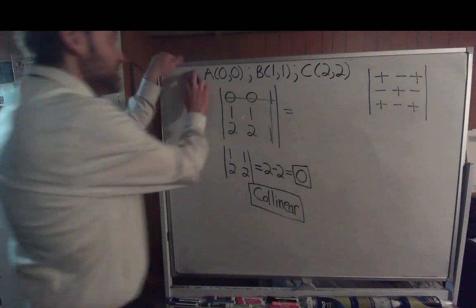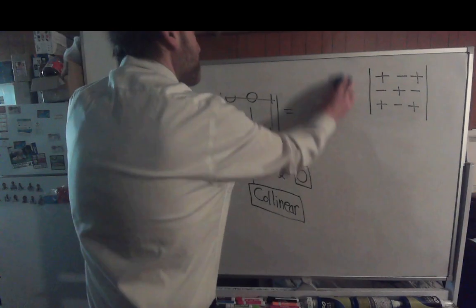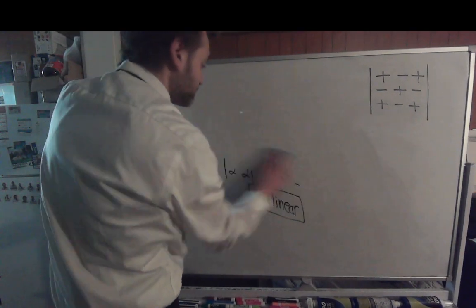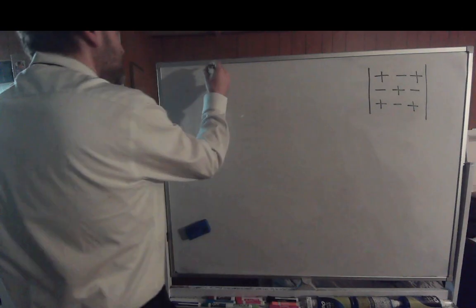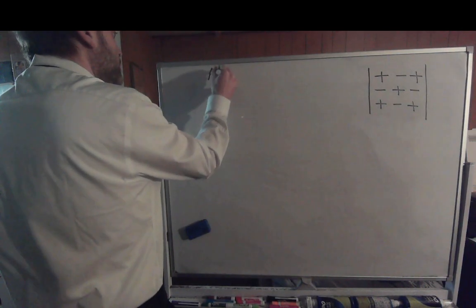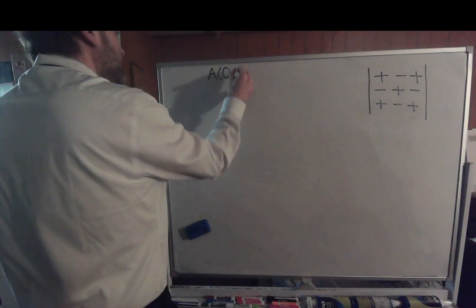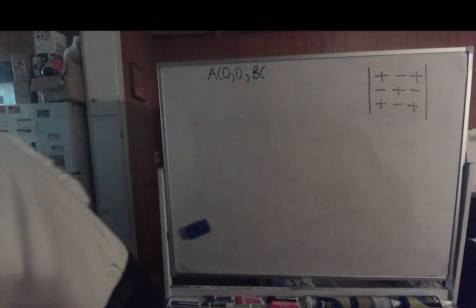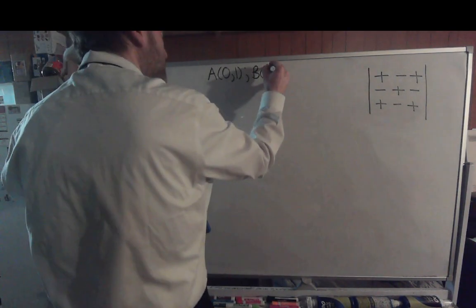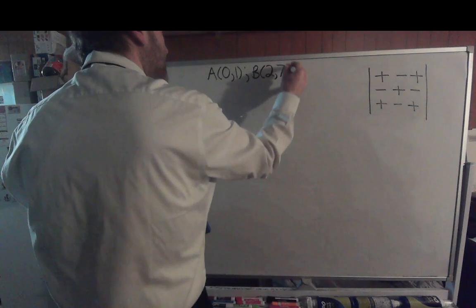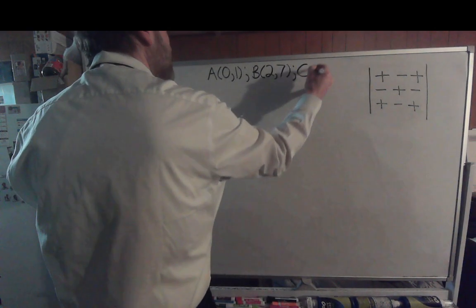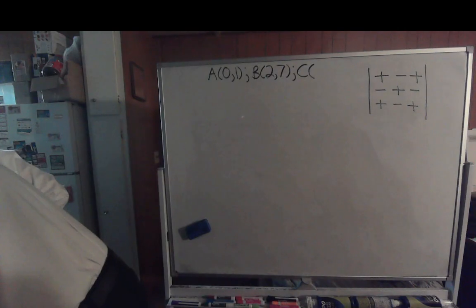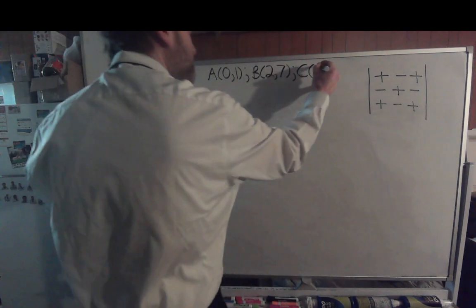Let's do another example here. What if we have point A at the point 0, 1, point B at the point 2, 7, and then we have point C, which is going to be at the point 5, 5.